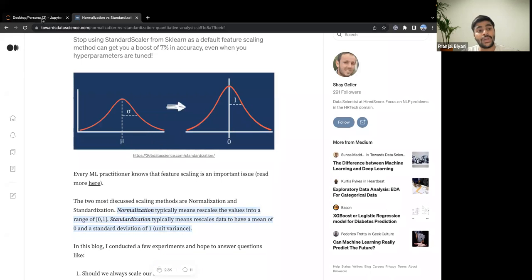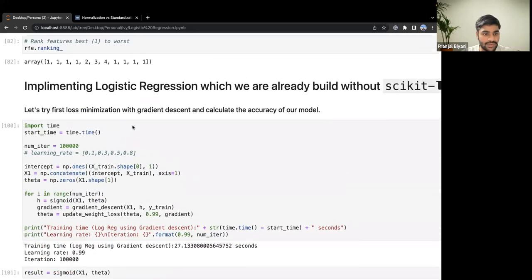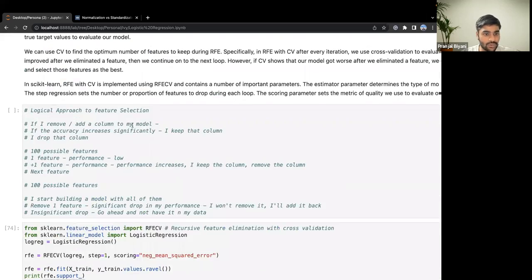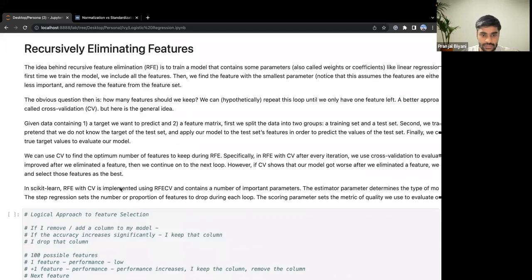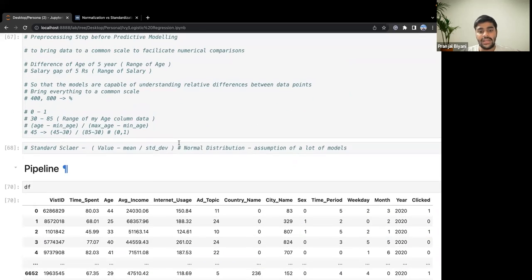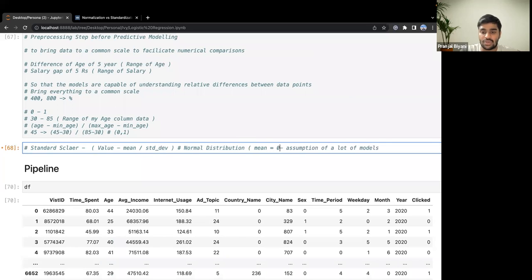Standardization is the formula that I was explaining to you here somewhere. Where did it go? This one, right? So you subtract the mean value and divide by the standard deviation. What this will do is give you a normal distribution, meaning mean equal to 0 and standard deviation equal to 1.